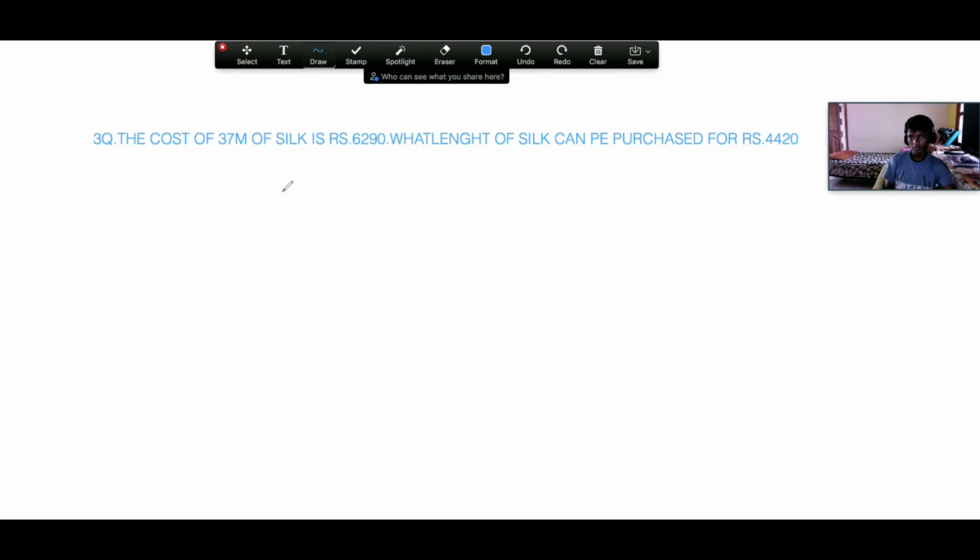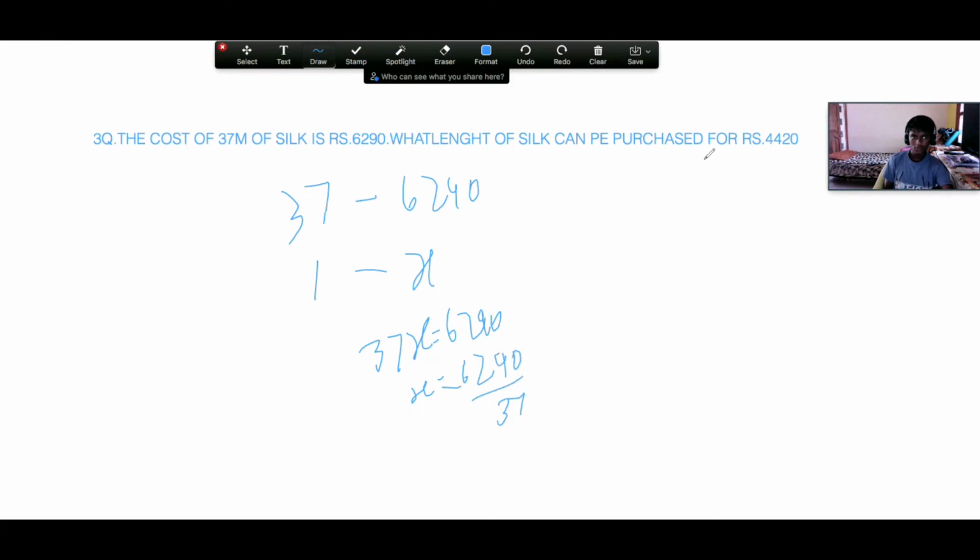Let's go. 37 meters is for 6290, so 1 meter of silk is x. 37x is equal to 6290, so x is equal to 6290 by 37. Now what should we do here? What length of silk can be purchased for rupees 4,420? So it is 6290 by 37 into 4420.